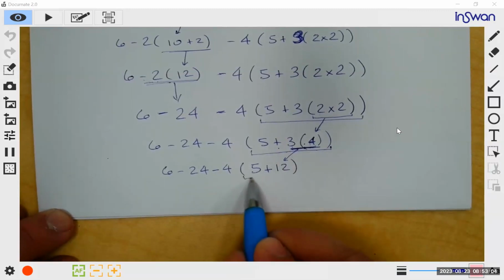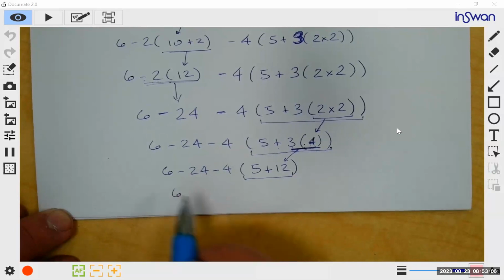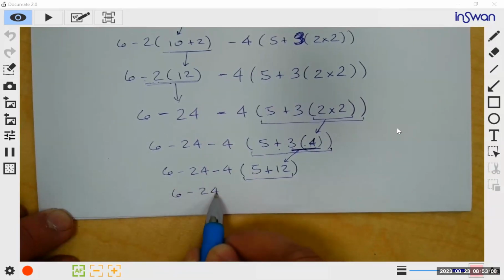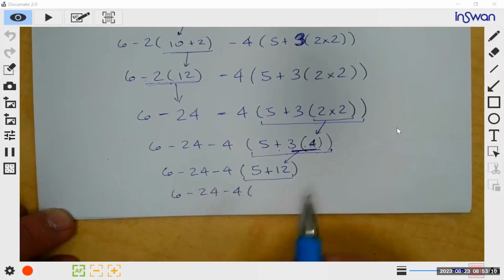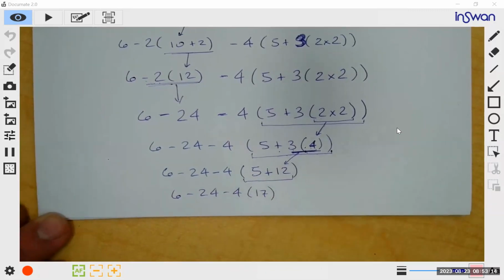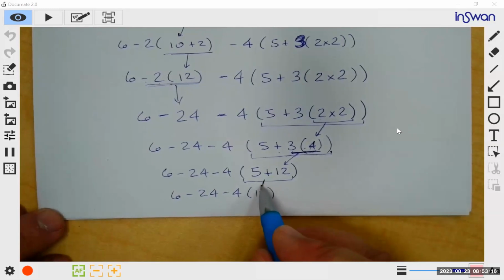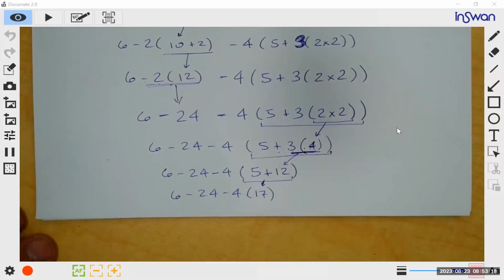Left to right, here's a parenthesis. 5 plus 12 is 17. This is where it gets big now. Left to right, here's a parenthesis. We can't do anything, so we have to multiply.